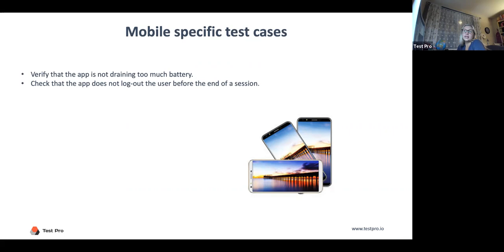Okay, and last one, check that the application does not log out the user before the end of the session. So for example, you're using a bank application, you want to make a payment, and definitely you're supposed to be logged in to make a payment. And sometimes when you already click the submit payment button, the spinning starts, and the connection may be a little bit unstable, or something happened on the API side.